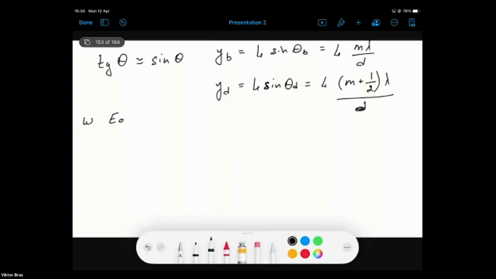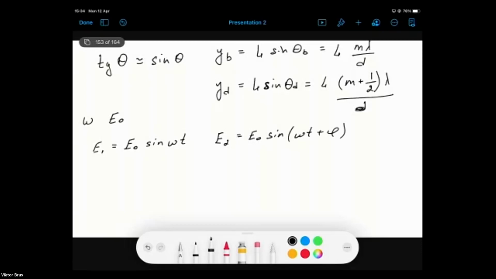So we can write that for first wave, we have E naught times sinus omega t. For the second one, we have E2 equals to E naught times sinus omega t plus phi.